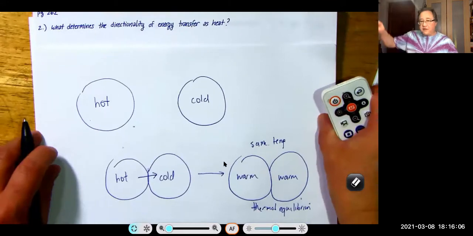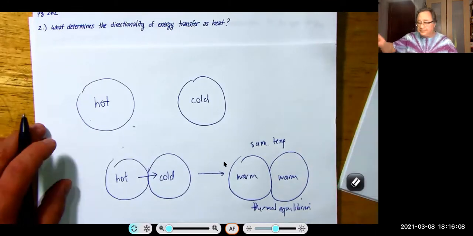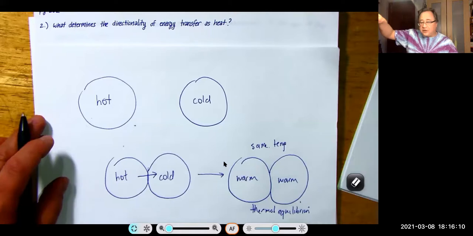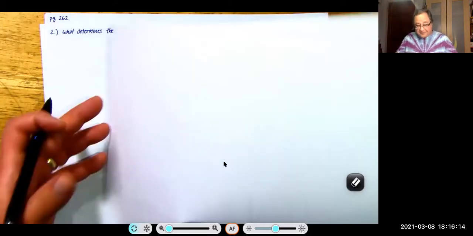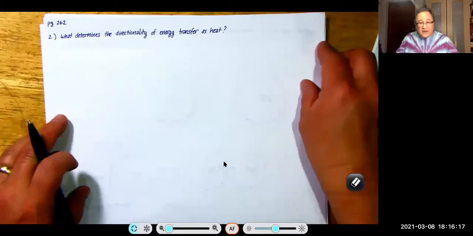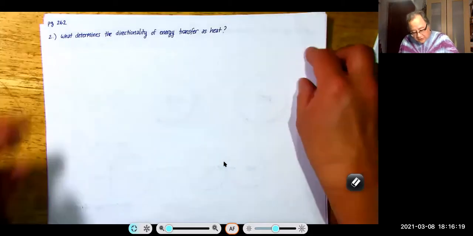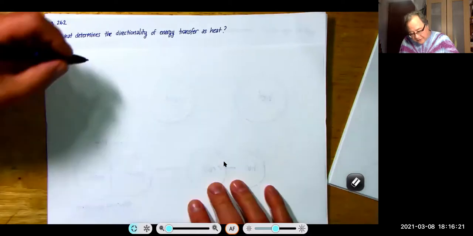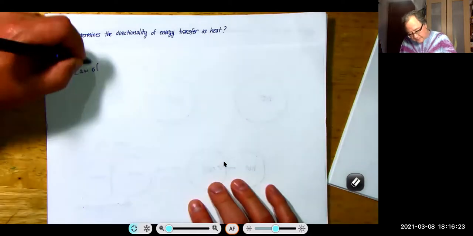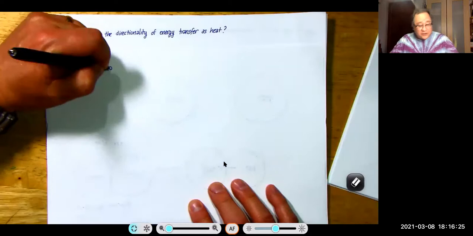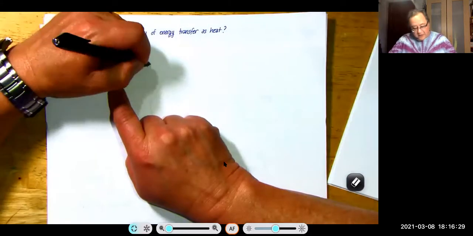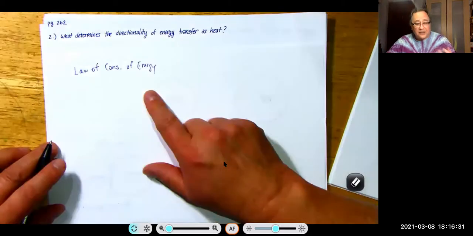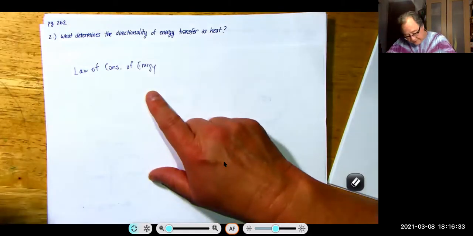Now there's some other things I want to share with you about this idea very quickly. There's something called the law of conservation of energy, and it says that energy cannot be created or destroyed.